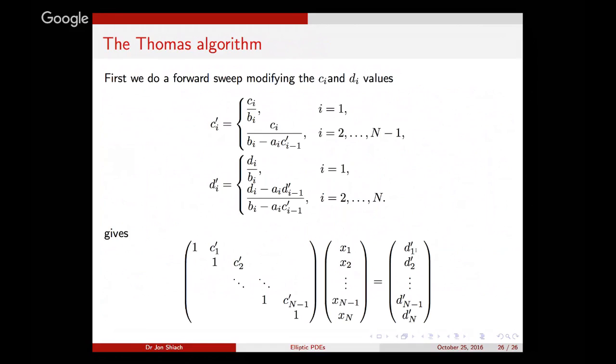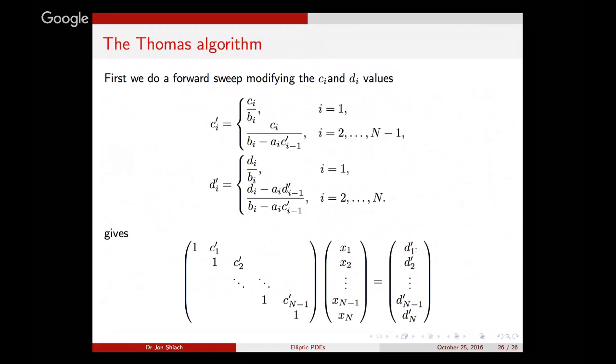Now what that results in is this: a coefficient matrix with 1s on the main diagonal, our changed values of C on the upper diagonal, and our changed values of D on the right-hand side. This is dead easy to solve. At the bottom, this row says 1 times xn equals d dash n, so xn must equal d dash n.